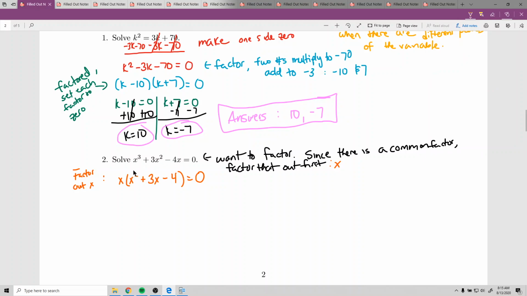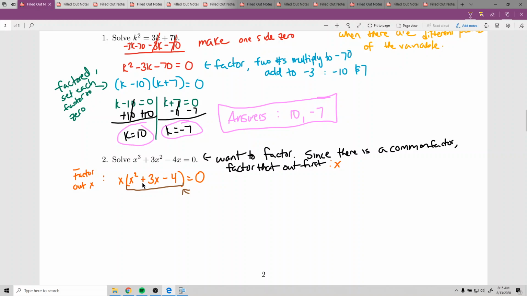And now what we have left inside here, you cannot get rid of this x, you need to leave it. Do not just get rid of it. But now what we have is something inside here that we can factor the other way, our more simple way, because the biggest power of x is 2. But more importantly, we don't have any more common factors here. There's not an x in common anymore.